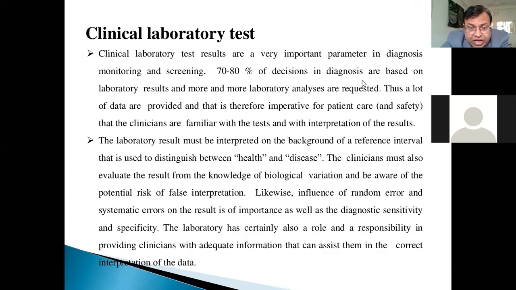The laboratory certainly also has a role and responsibility in providing the clinician with adequate information that can assist them in the correct interpretation of the data.